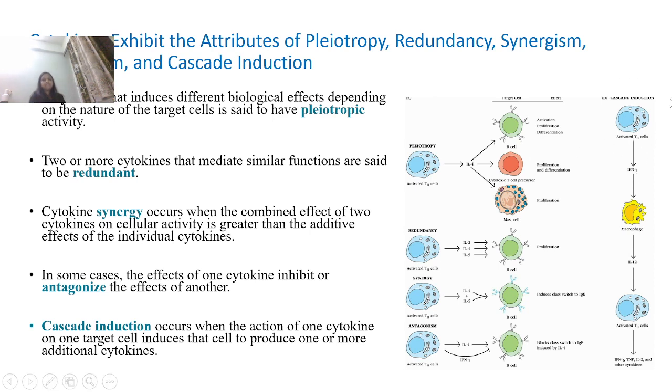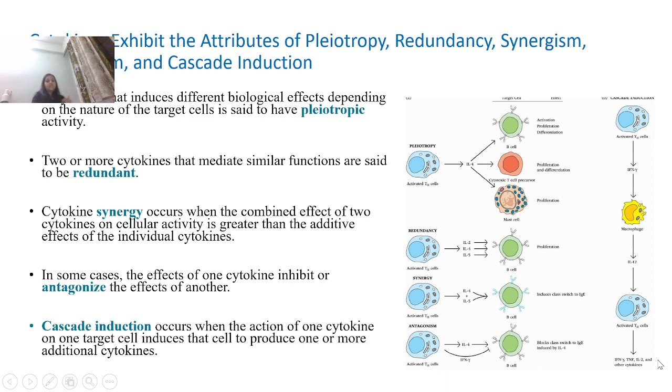For example, here the Th cell is producing IFN gamma, which induces the activation of the macrophage, which in turn produces IL-12, which activates the Th cell, which again produces IFN gamma, TNF, IL-2, and others.